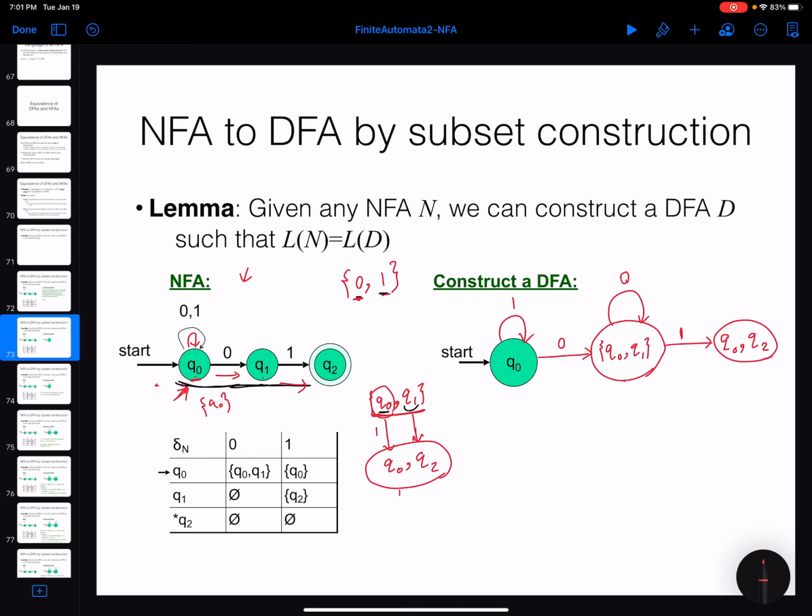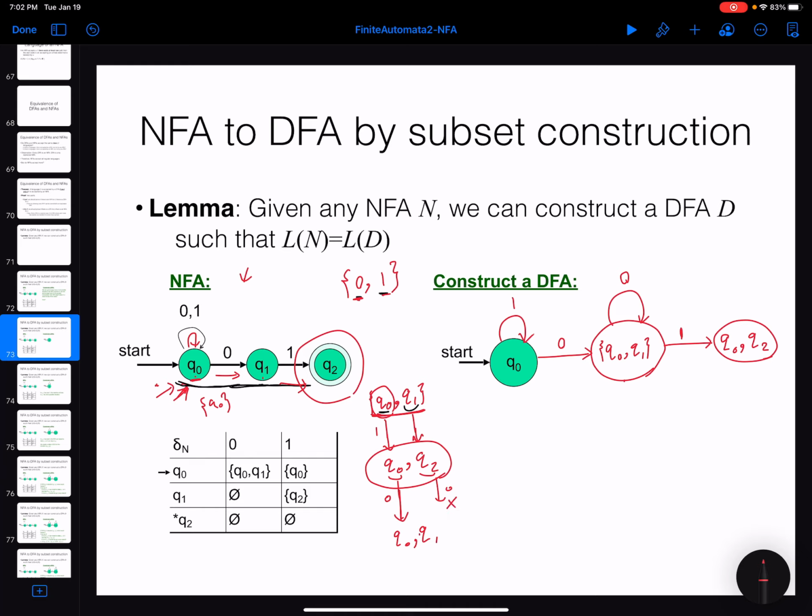So the question that you have to answer is: if I am at Q0 and I see a 0, where am I going to end up? By looking at the NFA, you will see that from Q0, by seeing a 0, either you stay at Q0 or you go to Q1, right? How about Q2? From Q2, by seeing a 0, there is no transition here, so you are not going to go anywhere. This is going to crash.